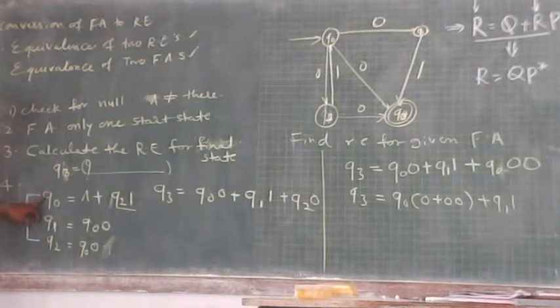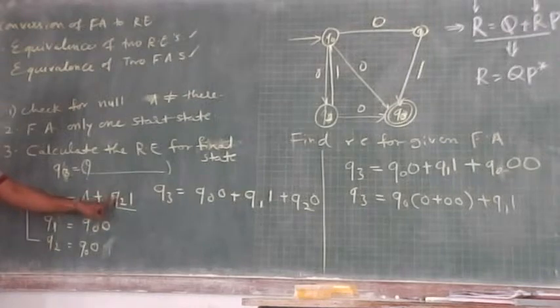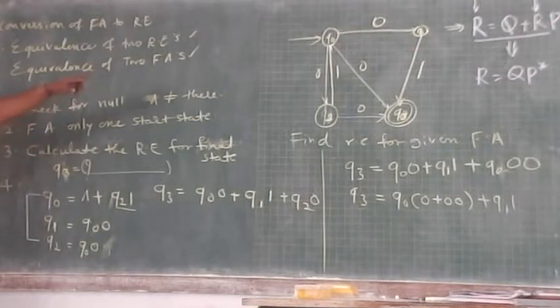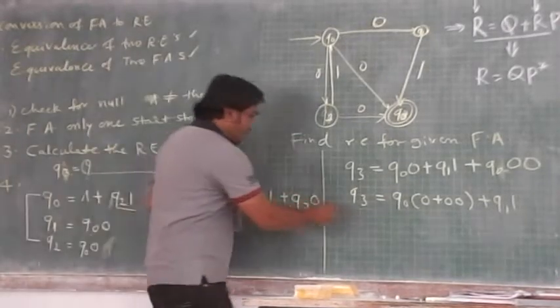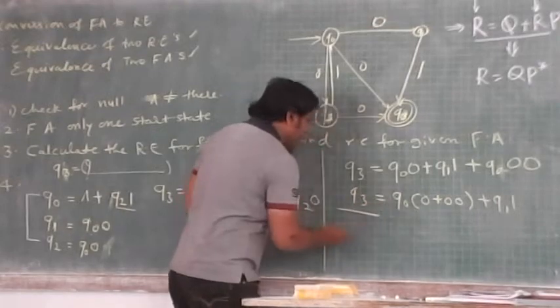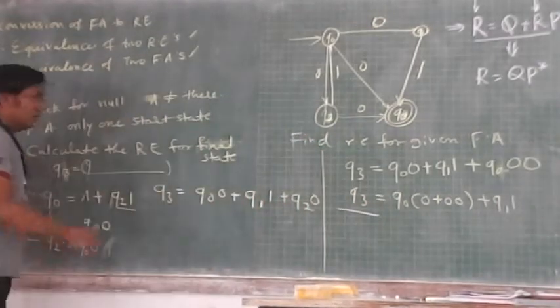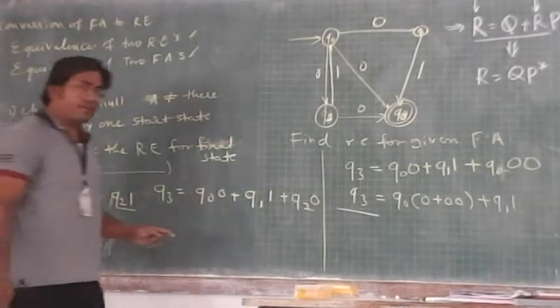If you see these two expressions, Q0 equal to null plus Q2 1, and Q2 is equal to Q0 0. If I substitute this Q2 value, Q0 0, then I will get the expression in the form of Arden's form, like Q0 is equal to something plus Q0 something. After this simplification, I should go for getting the values of Q0 and Q1.